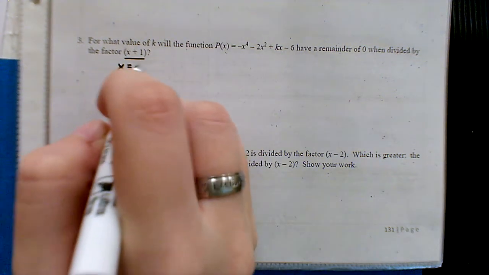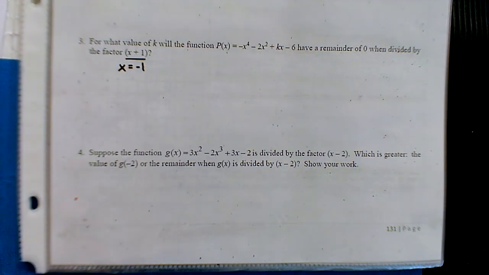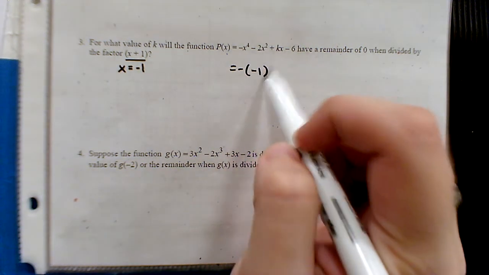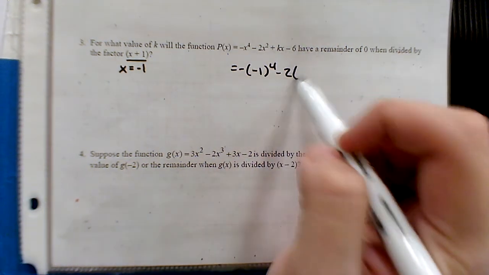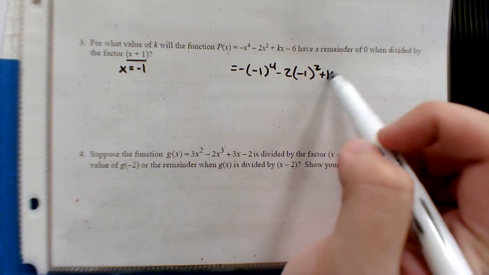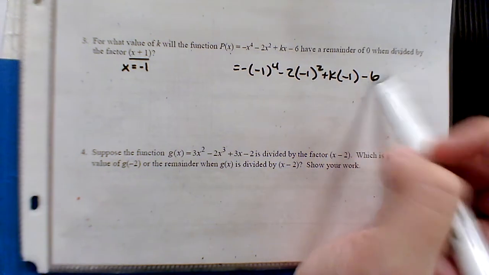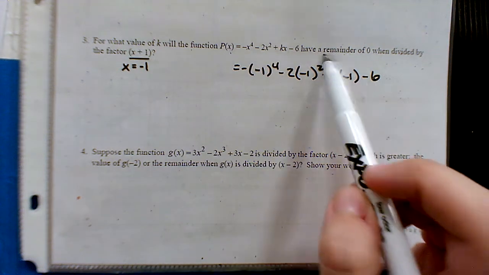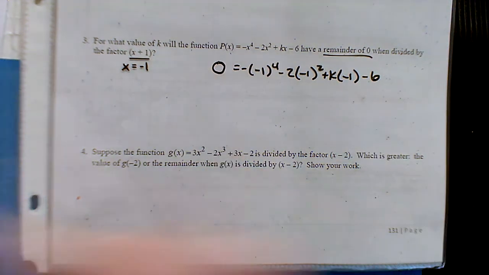So if we were to plug in negative 1 for all of those x's, our answer would represent the remainder if we were to go through the synthetic division process. Not that we have to do it, but it should represent the remainder. And in this case, for number 3, we want a remainder of 0.